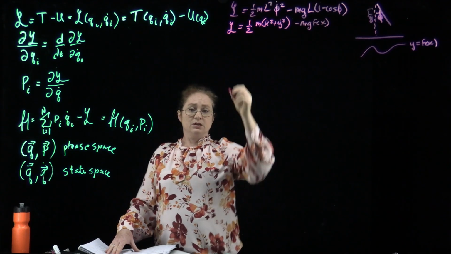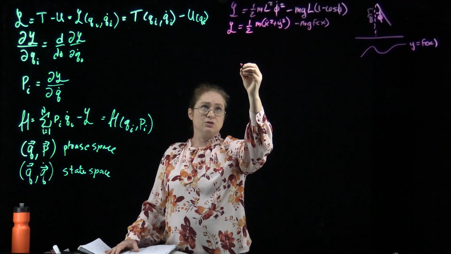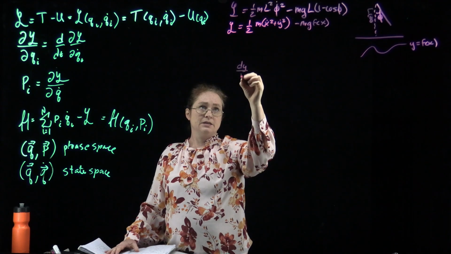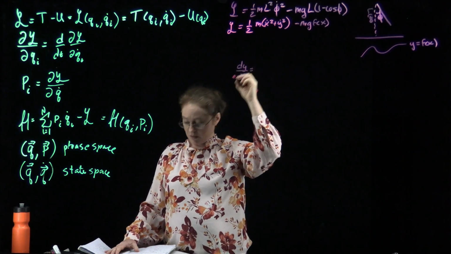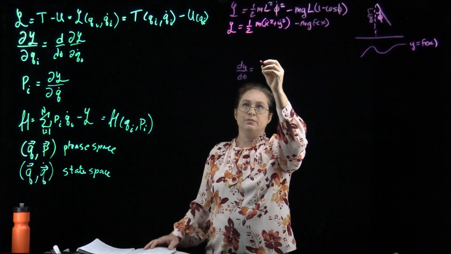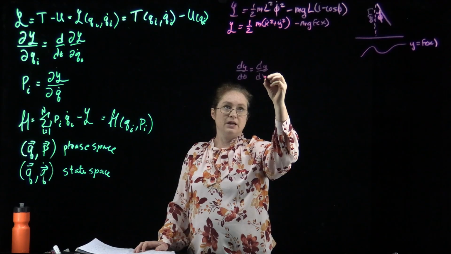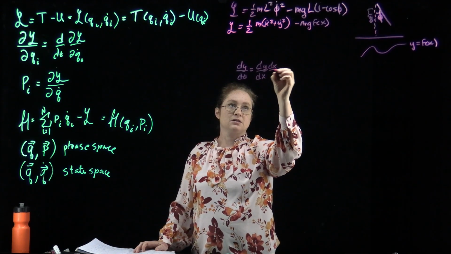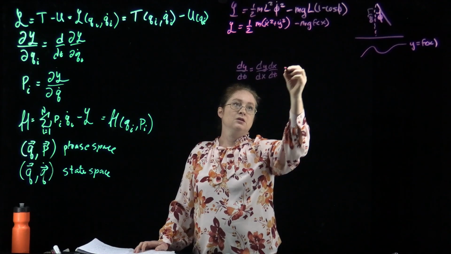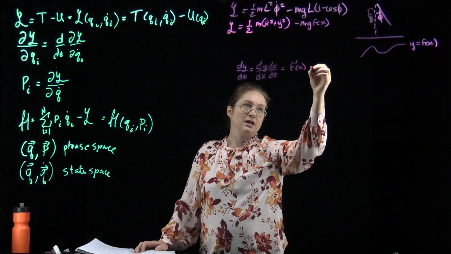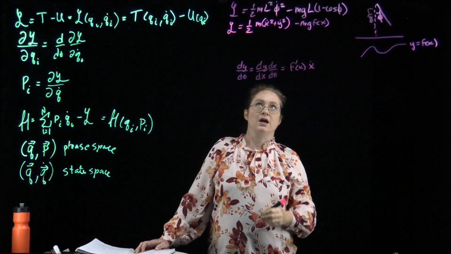What we showed to get this as a function of one variable is that dy/dt is equal to dy/dx times dx/dt. So this is equal to the derivative of f with respect to x times x dot.